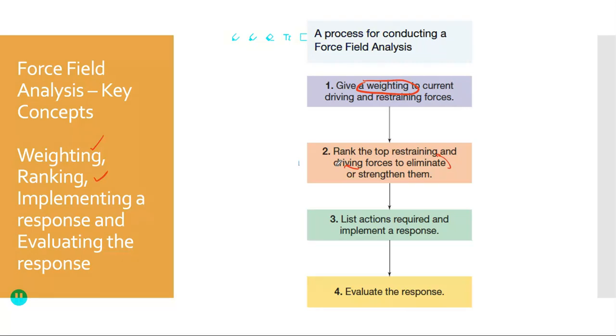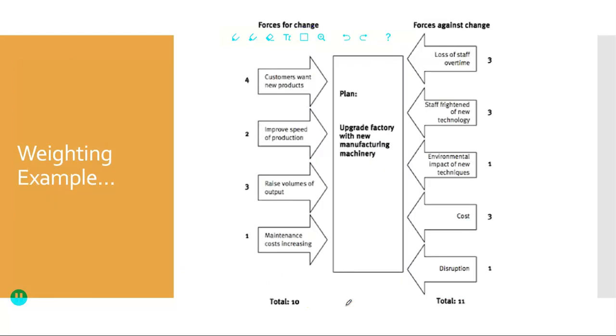Now, to do that, we're going to need to implement a response. How are we going to strengthen the driving forces or eliminate the restraining forces? So we're going to need to come up with a list of actions required and implement our responses to make the driving force side more powerful. And of course, we will need to then evaluate the response to see if it has been successful. So that's how we can think of weighting, ranking, implementing, and evaluating responses.